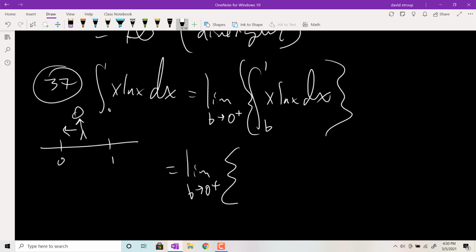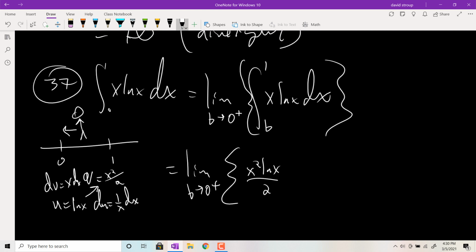Right? So that's a by parts. u is ln x, du is going to be 1 over x dx, and then dv, of course, is just x dx, and then v is going to be x squared over 2. So u times v will be x squared ln x all over 2, and then minus the integral of v du, which is 1/2 integral of x dx.